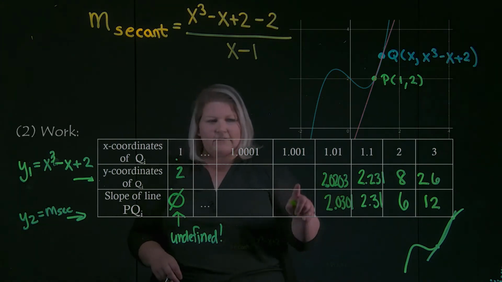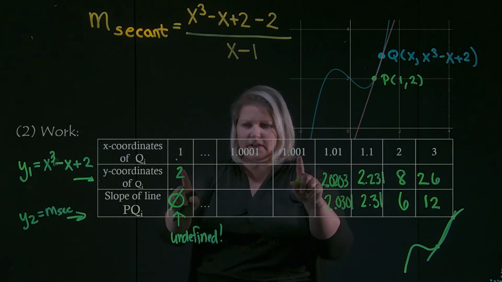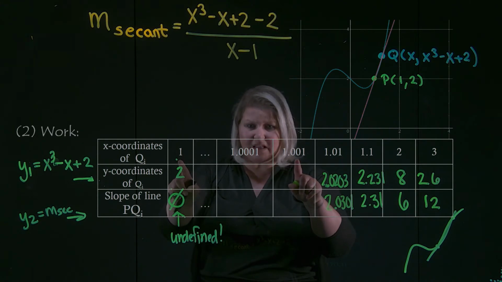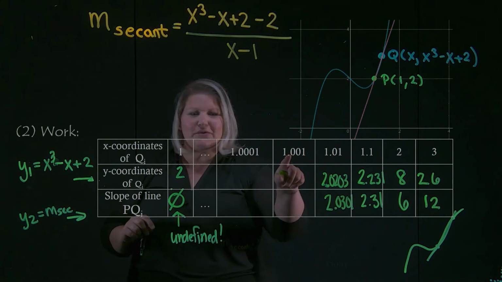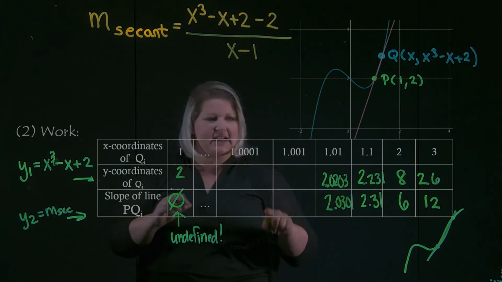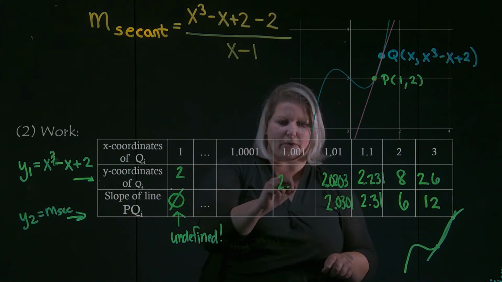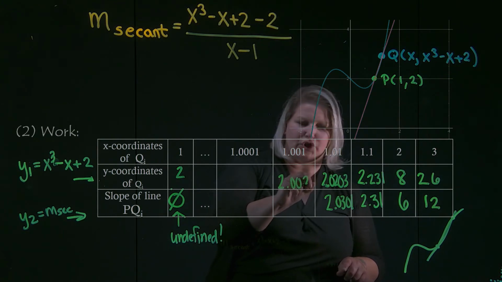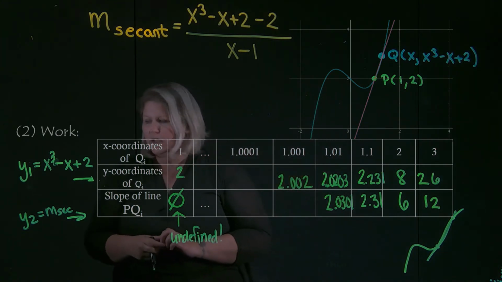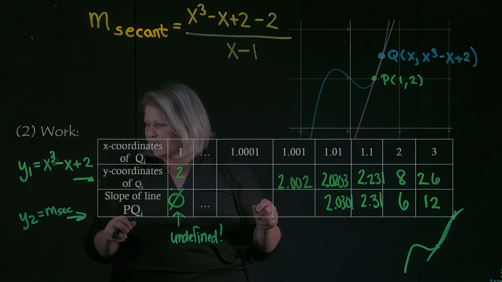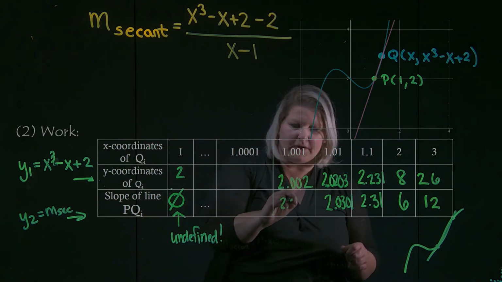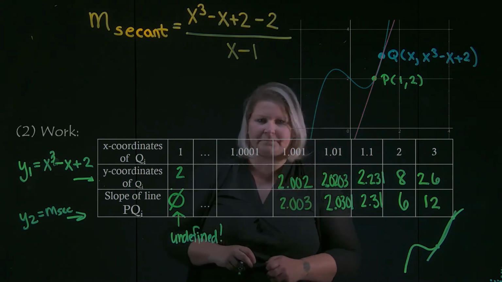Next, I've got 1.001. Notice 1.001 is really close to 1. When I plug it in, I end up with a y-coordinate of 2.002, and the slope of the secant between those 2 points is 2.003.